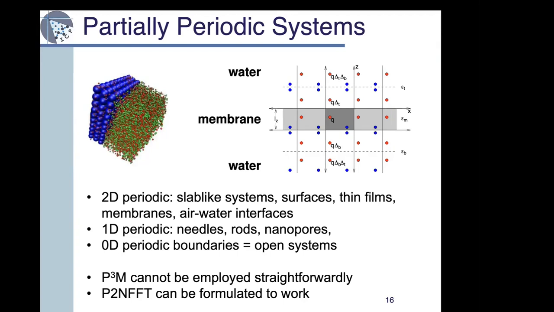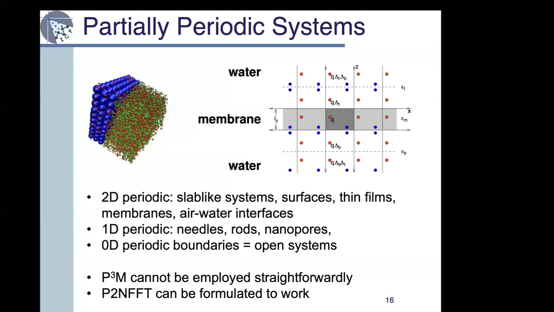So the first idea was to just use plain 3-dimensional periodicity, and just not care that you have these unwanted interactions in the Z direction. This is, of course, not very nice, and therefore not very good.